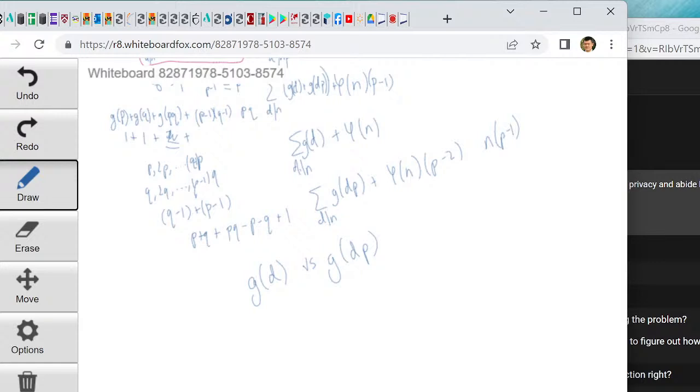So it must count all the things in g of d, but unless they have a p in them. Now what else does it count?